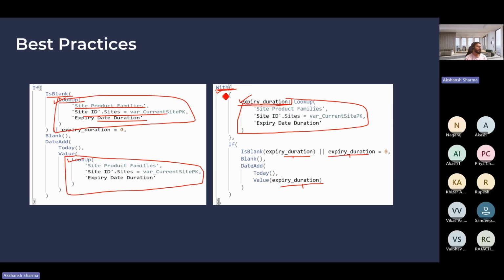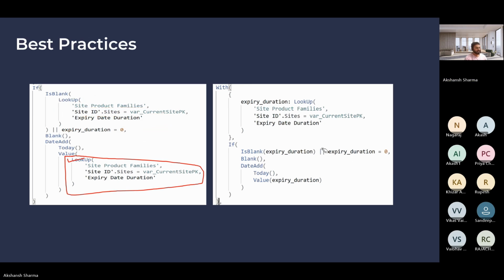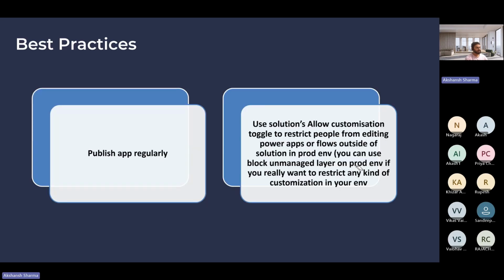So if you are doing multiple API calls, then it's good to always use the With function inside your Power FX code. Right, so that was the With function and how to use it.